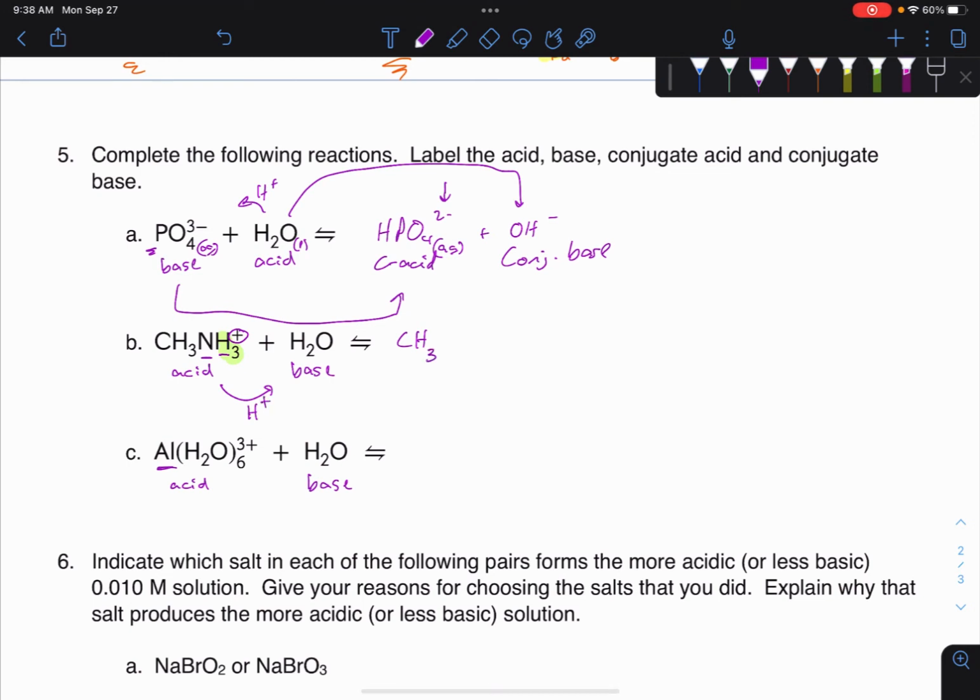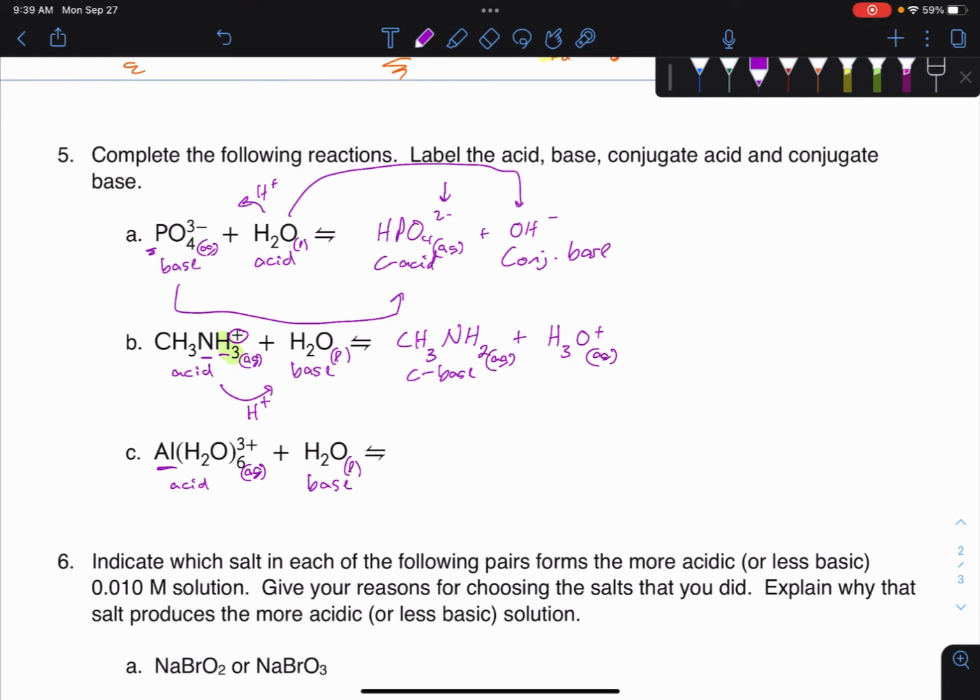So the acid, which now forms our conjugate base over here on the product side, loses one hydrogen, one proton, and it also loses that positive charge. And again, this is a conjugate base. Once water accepts that proton, we're forming hydronium in solution. And again, I should have aq and liquid over here, and that would mean aq and aq for those phases. Here, aq for the hydrated metal complex, and then liquid for the water, of course.